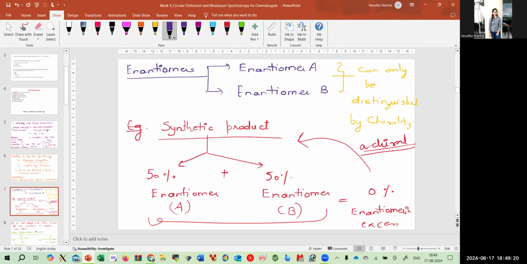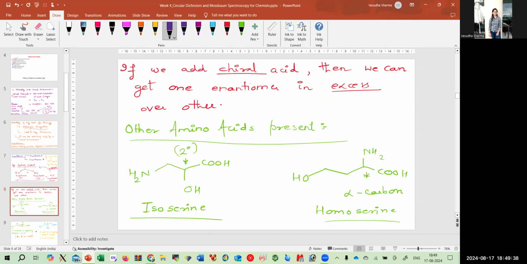For example, if a product has similar proportions of both enantiomers, 50% A and 50% B, there won't be any enantiomer in excess, so there is 0% enantiomeric excess. If at this point we add a chiral acid that interacts with one of the enantiomers, the other becomes in excess over the first one. Therefore, we can have a certain enantiomeric excess.